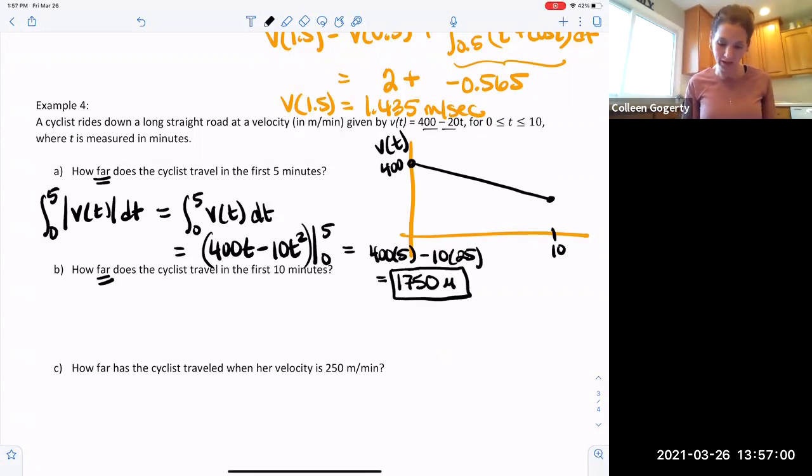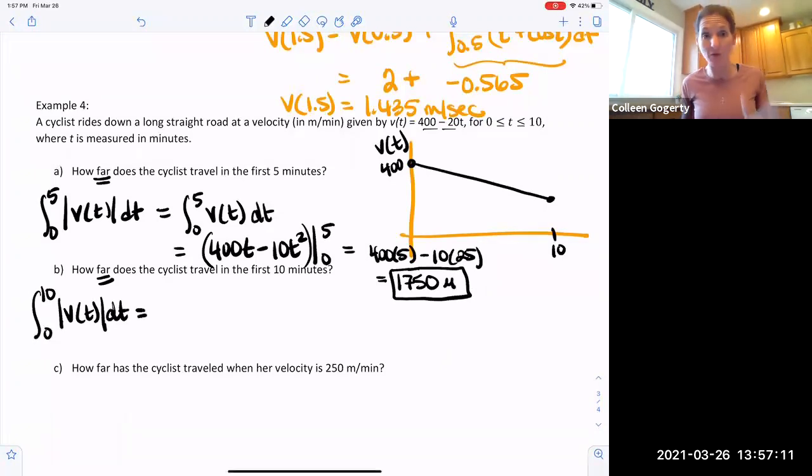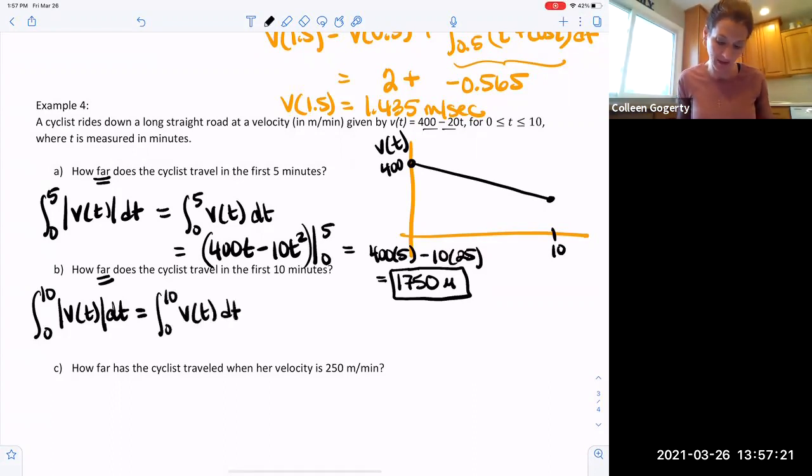Okay. So for my next question, how far does the cyclist travel in the first 10 minutes? Now I'm going 0 to 10. Now it's asking for distance. So again, it would be absolute value, but only because the velocity function, I should say, never went negative, it's going to be equal to the integral from 0 to 10 of v of t dt. So the displacement is equal to total distance specifically for this problem.